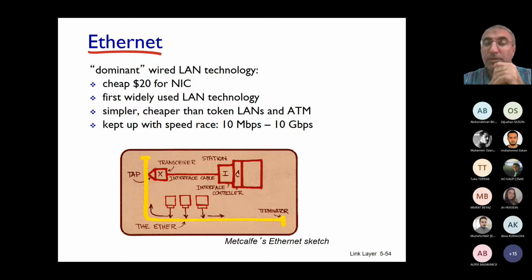Why did it become dominant and popular? Because it's simpler and cheaper than token LANs as well as ATM, and it can provide different speeds from 10 megabits per second up to 10 gigabits per second.